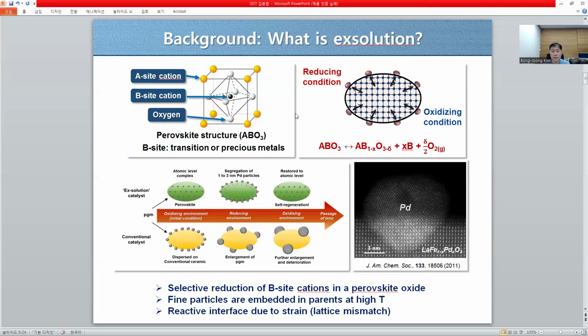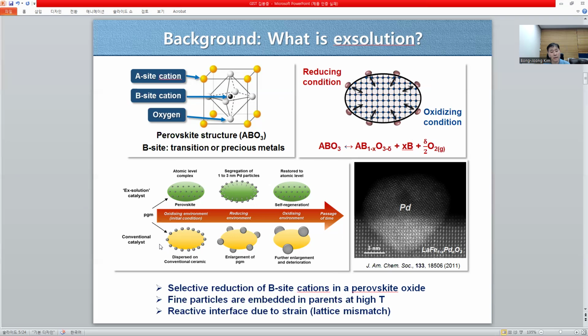Oxygen vacancies are created in the oxide matrix, and then the doped metal diffuses out to the surface of the oxide. The metal atoms form nanoparticles, as you can see in the schematics, which are embedded in the oxide matrix, as you can see in the figure at the bottom.